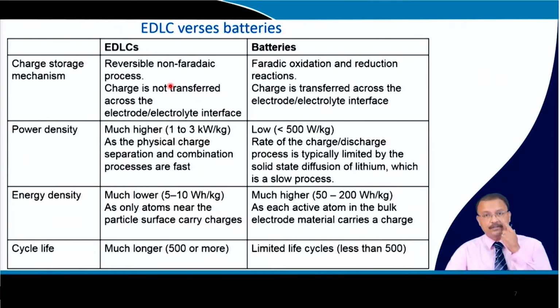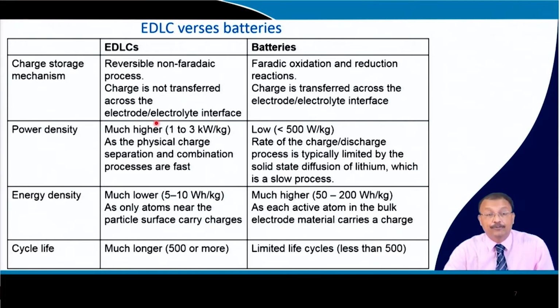So, valence state does not change unlike the battery material, and therefore the charge is not transferred across the electrode and electrolyte interface. And in case of battery, you need finite time so that the charge is diffused inside the electrode material. So, that is one distinction that one can make if I compare the double layer capacitor with the batteries.